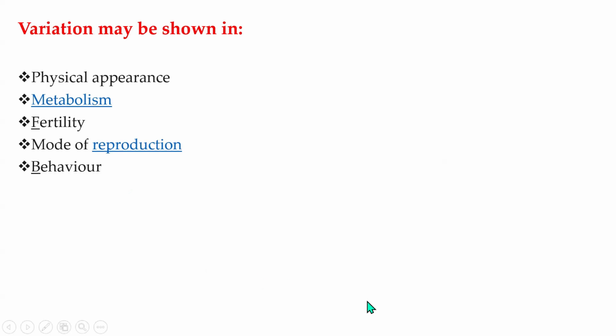And then, of course, the behavior among organisms, even organisms from the same family, the same species, varies. So you can see variation in learning and also mental ability. Within the same family or the same species, some people are intelligent while some people are less intelligent.